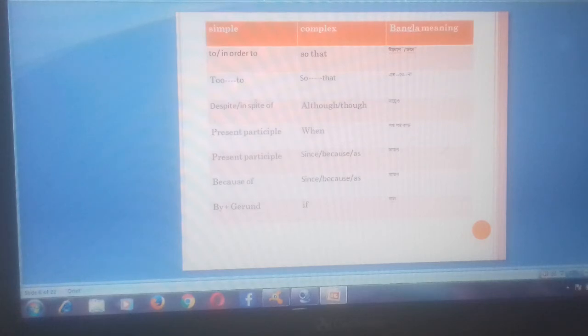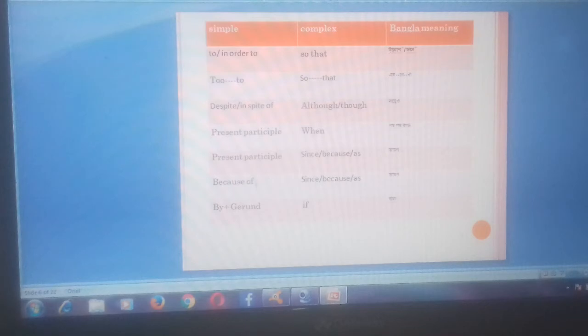If in simple sentences we find present participle which indicates two activities taking place one after another or at the same time, in complex it will become when. Then if present participle shows any cause or reason, in complex since, because or as will be used. If in simple sentence we find because of, in complex sentence we will use since, because or as conjunction.